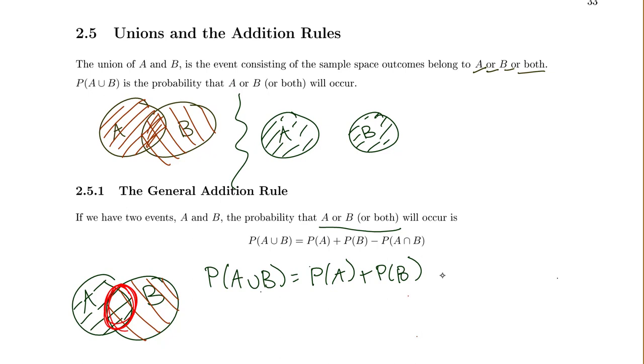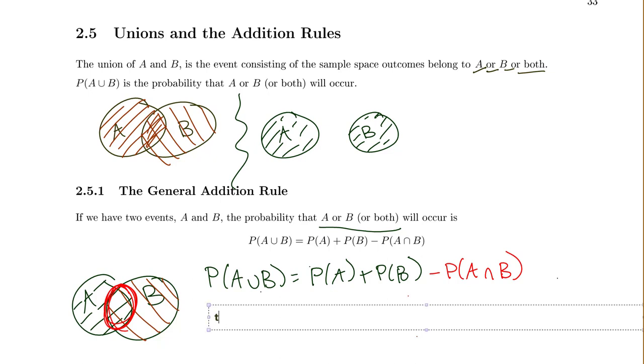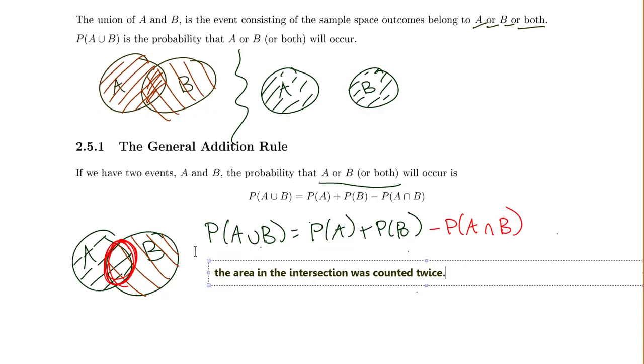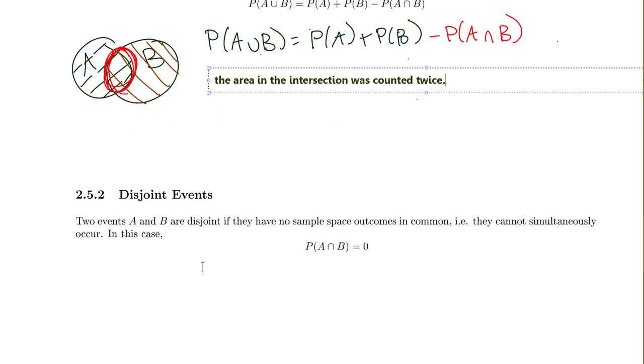That was counted twice. The area in the intersection was counted twice. So what we're going to do is we'll minus the probability of A and B. So we'll subtract it out once and then we should be correct.